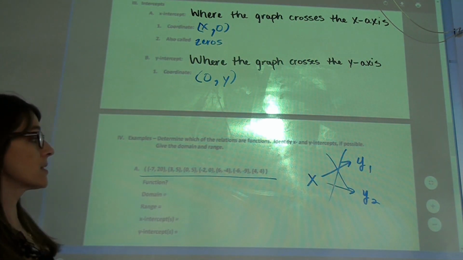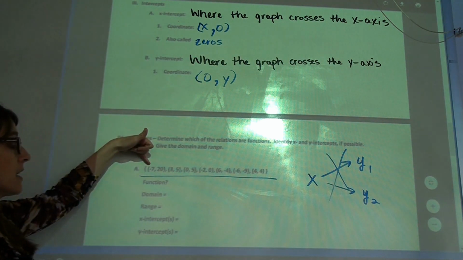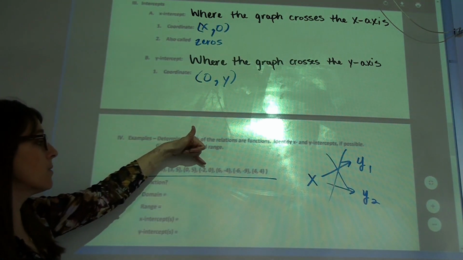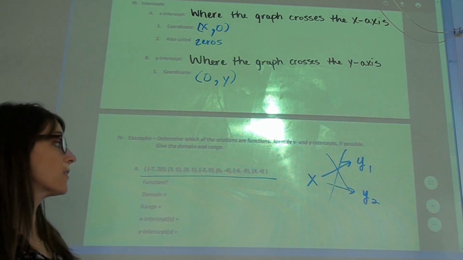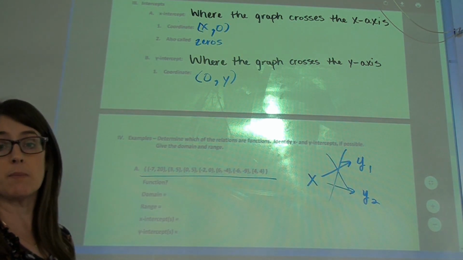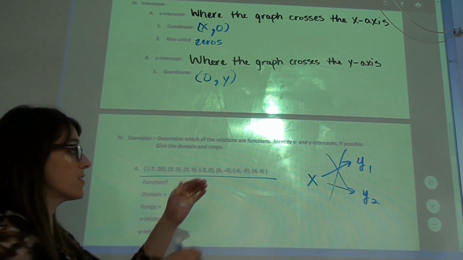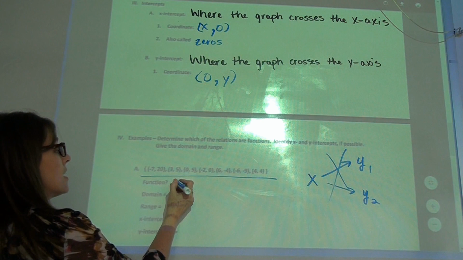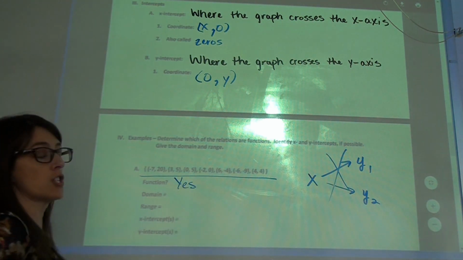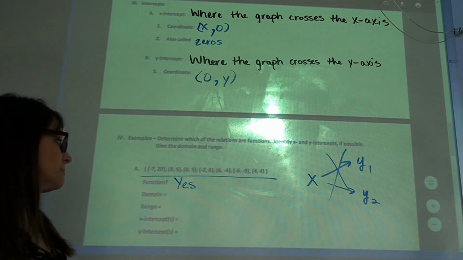And what I notice as I look at this relation is I've got an x of -7, an x of 3, 0, -2, 6, -6, 4. None of them even have the same x. So it's not possible to have the same x going to two different y values. So in this case, yes, this definitely is a function. I do not have any repeated x's.